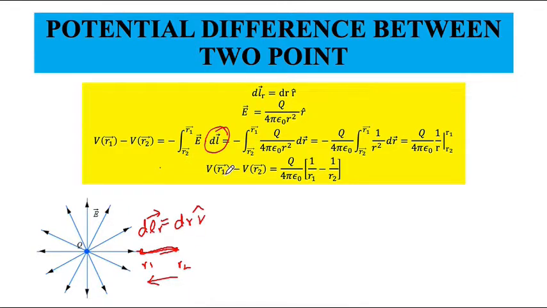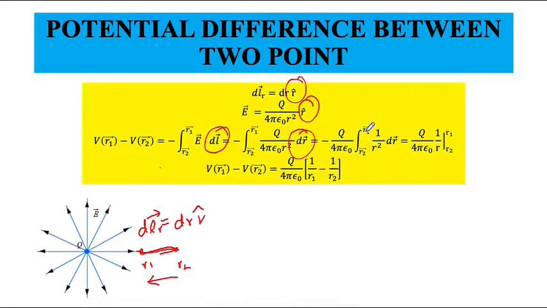So r hat dot r hat equals 1, and then this integration becomes minus integral from r2 to r1, and there is dr here, so you have q by 4 pi epsilon naught r square dr.